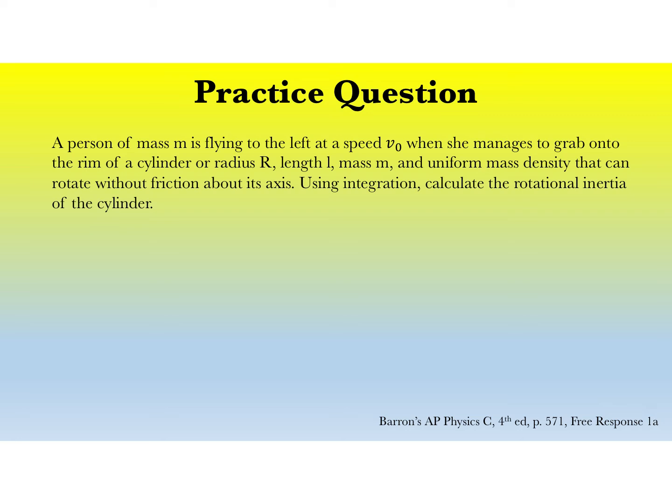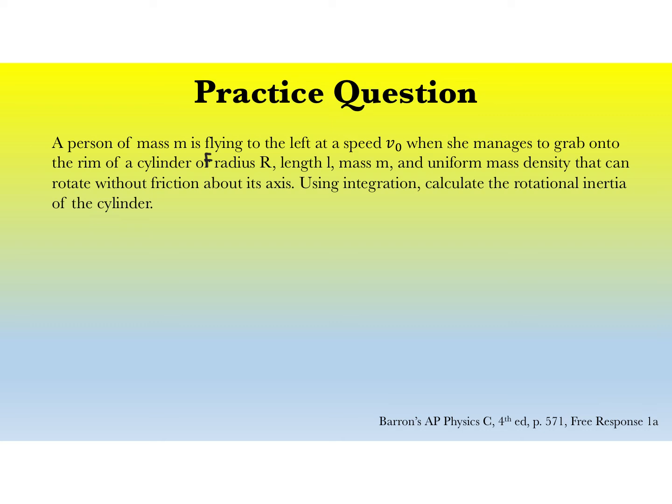So you might find some of these kinds of things in the free response questions as well, where you need to start putting together some of these formulas and ideas in a little more complete way. So here we have a person of mass m flying to the left, literally flying, at a speed of v naught, when she manages to grab onto the rim of a solid cylinder of radius R, length L, mass M, and uniform mass density that rotates without friction about its axis.